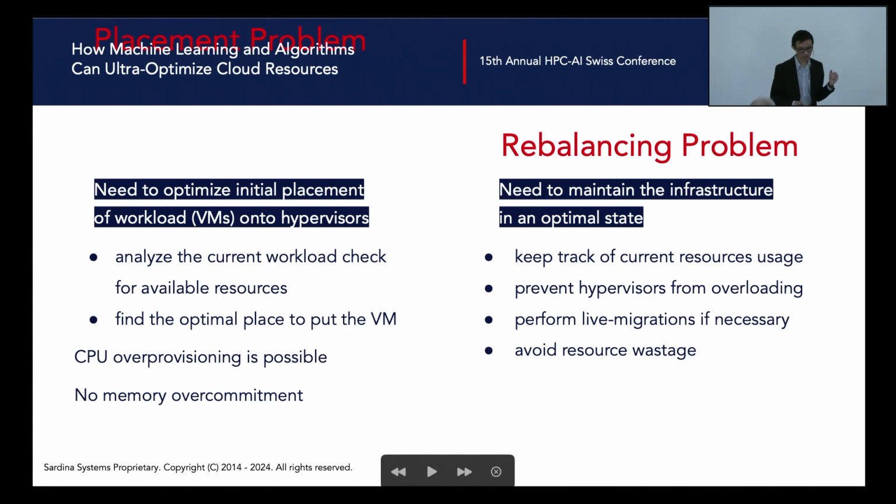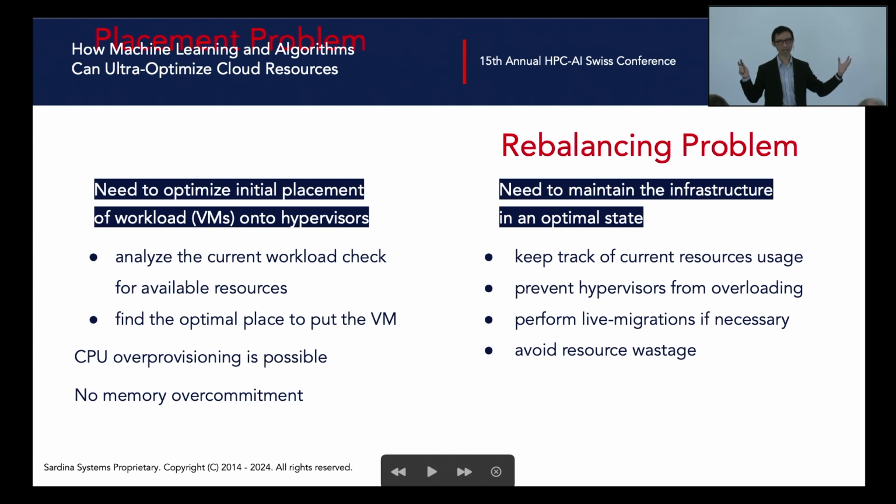And then the other side is the rebalancing problem. So the rebalancing problem is whereby, given the workloads within the system, we have the data. We have the data about how that particular set of VMs are behaving.